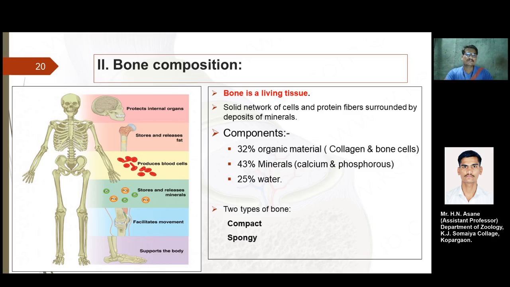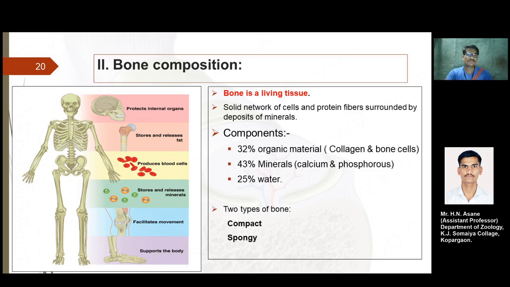In the picture, some functions of the bone are highlighted, just to add to our knowledge. Our bone protects the internal organs, whether it may be our brain, our heart, our hollow internal structures or lungs; these organs are protected by the bone.